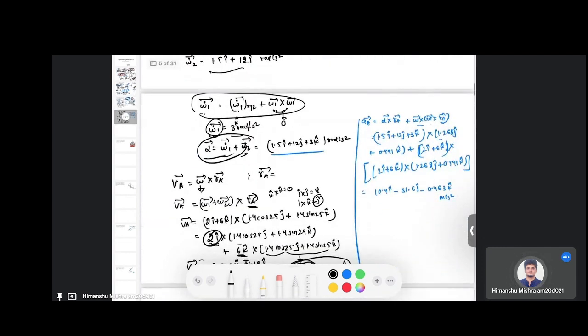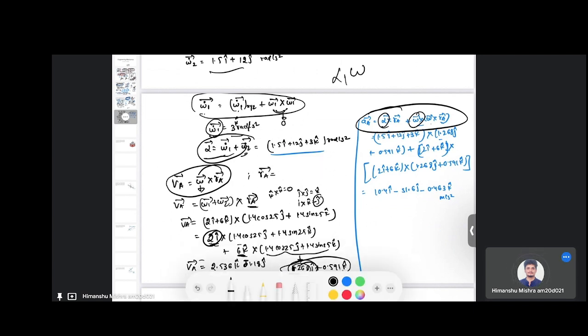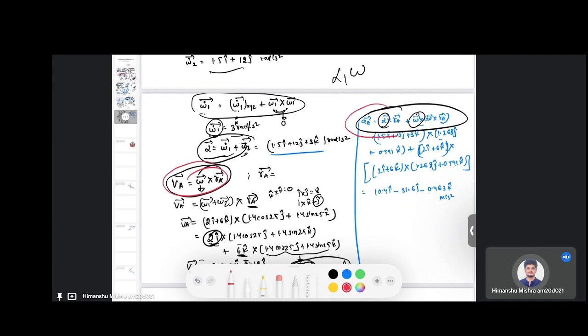Once you get alpha and omega, you can easily find the translation velocity and translation acceleration, because you need angular acceleration and angular velocity to calculate these quantities. So our whole objective is to calculate the translation velocity and translation acceleration, and to calculate that you need to know alpha and omega.